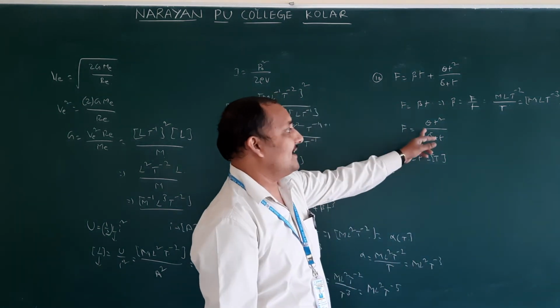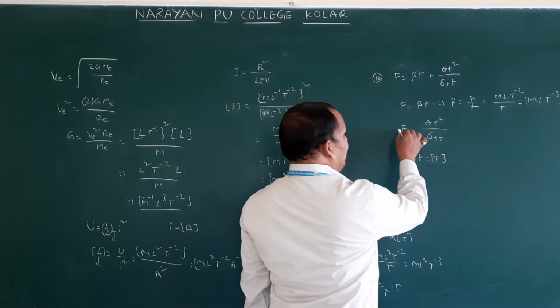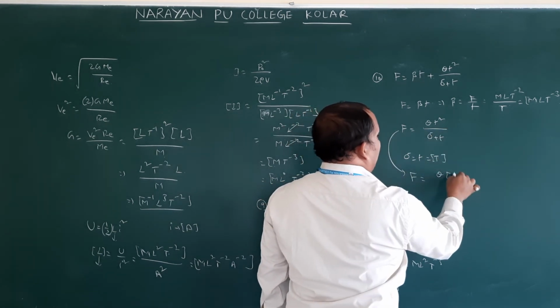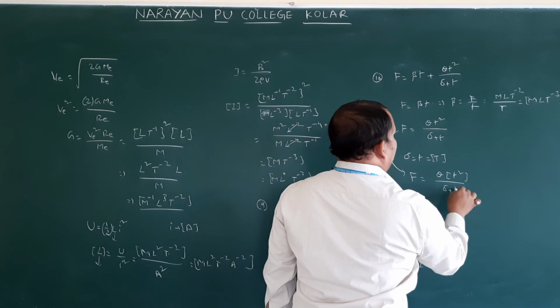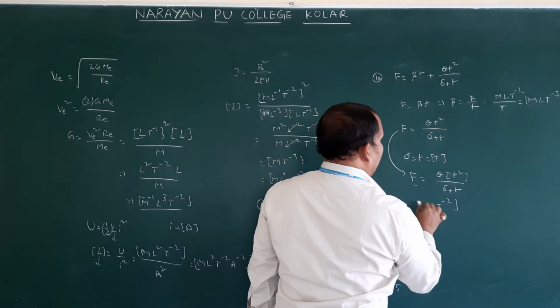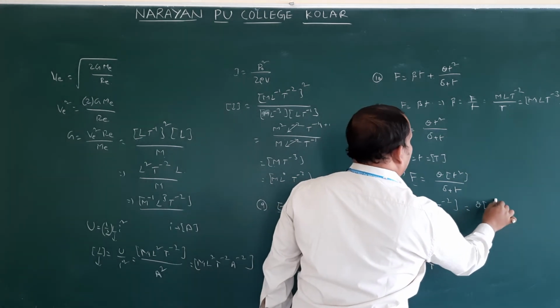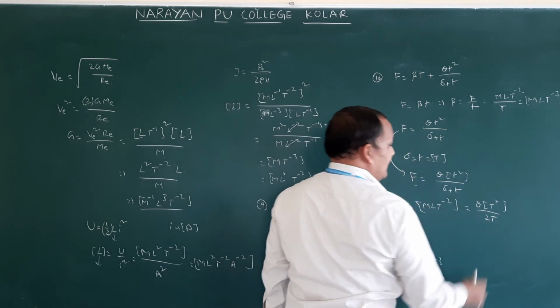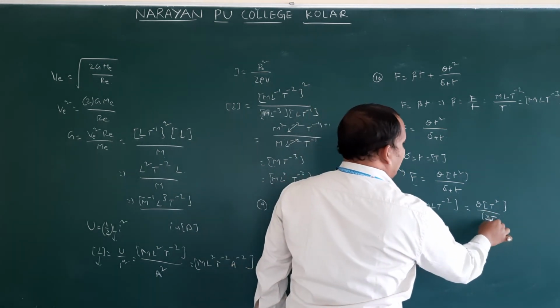Next we have to find for theta. To find theta, take this equation: F is equal to theta t square by delta plus t. Directly I wrote F dimension formula M L T power minus 2. Theta t square, delta dimension formula t, plus t. That is nothing but 2t. So 2 won't have a dimension formula.